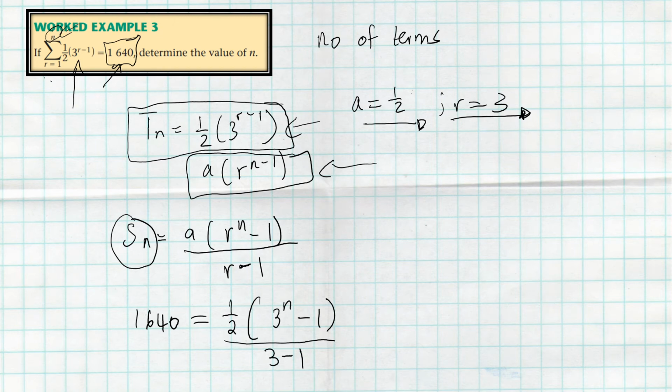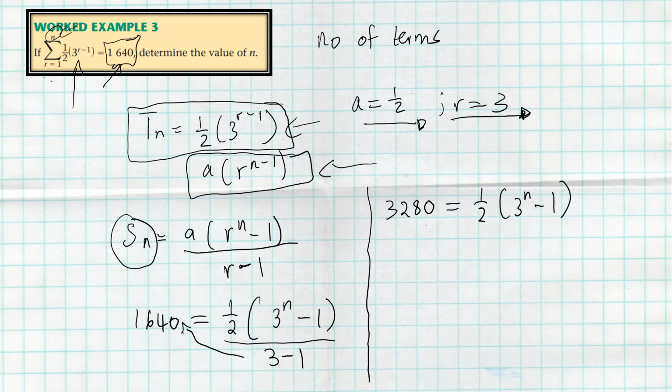So 3 minus 1 is gonna give me 2. When I cross multiply, 2 will multiply with 1640, so it will give us 3280. So we'll have 3280 equals 1 over 2 into 3 exponent n minus 1.